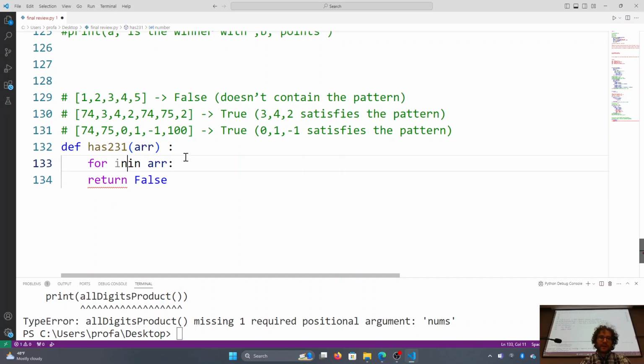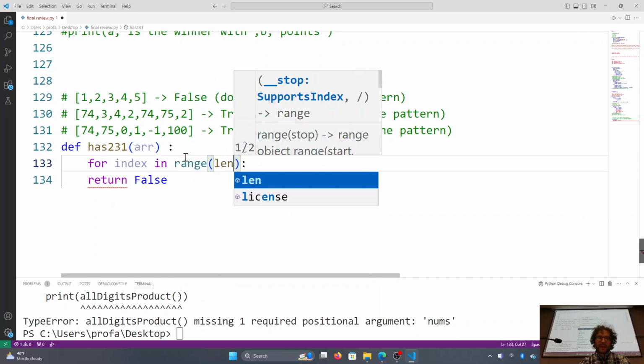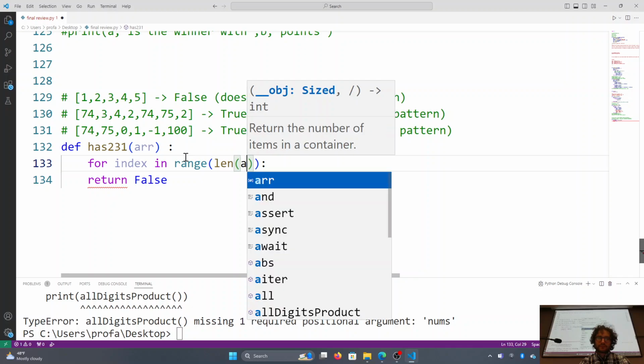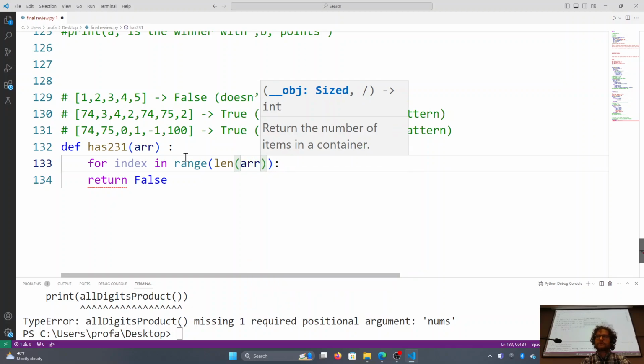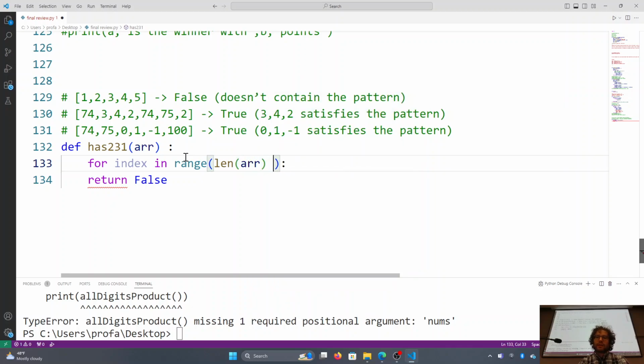So for index in range, len r. Now, this would go through all the indexes. And what we want to do is, since we're going to be looking 2 ahead, we want to stop 2 before the end.